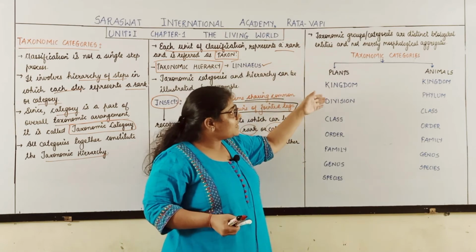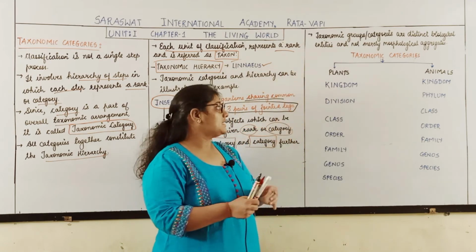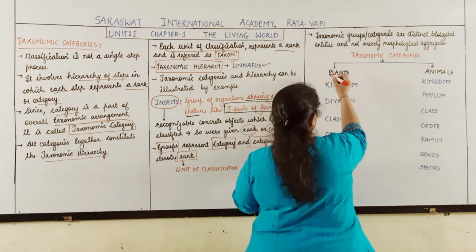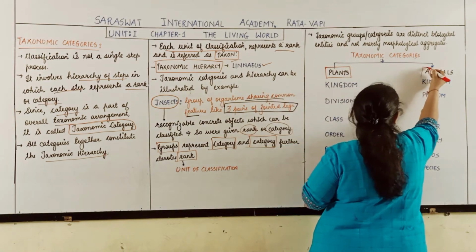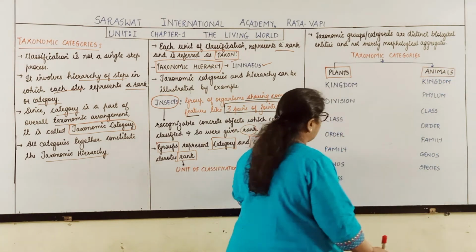Now students, these are the various taxonomic categories. On this side are the categories for plants, and on this side the categories for animals.